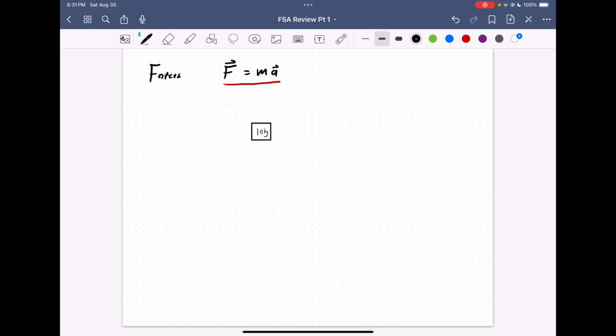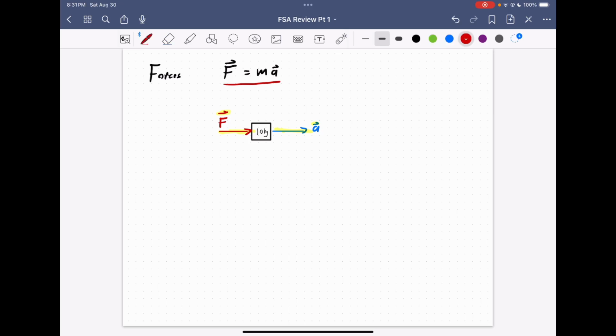That means if we apply any force on that box floating in space, we push right here, that is going to cause this box to accelerate in this direction, right? And we have these arrows on top of the force and acceleration to show their vectors, meaning their direction matters, right?